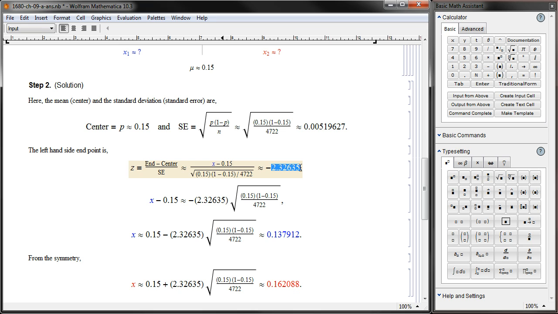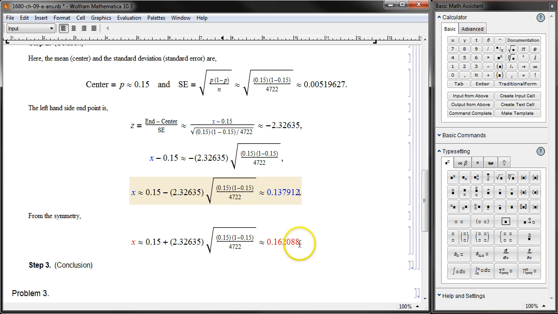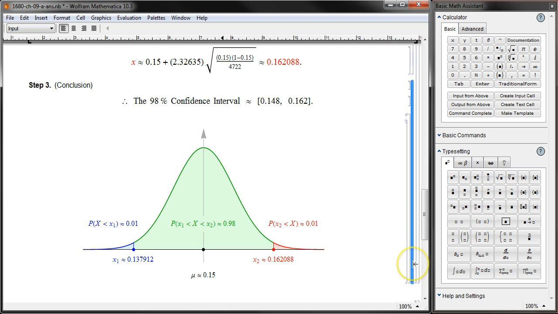With the z-table I get negative 2.33. I use Mathematica, so I got a whole lot more decimal digits to get a little bit more accurate value. Flip over the denominator and then flip over the mean and then calculate. I get 0.13 something, and then use symmetry, change this to plus and run the calculation. I get 0.16 something, and that leads to this conclusion.